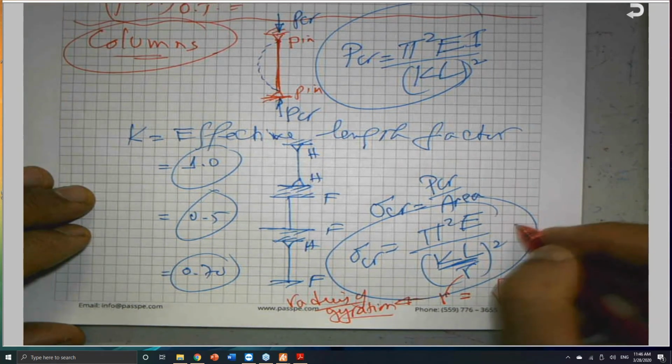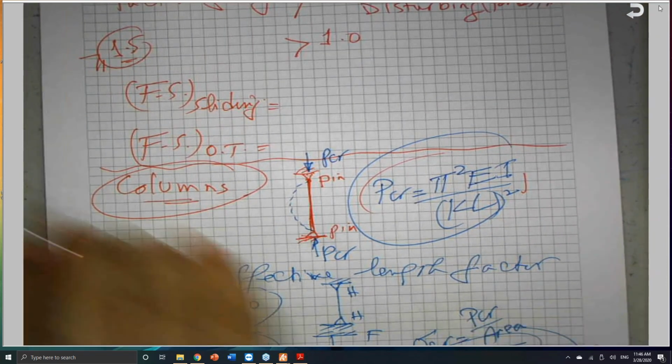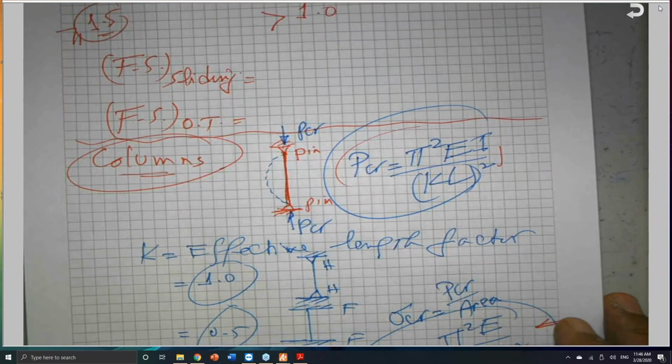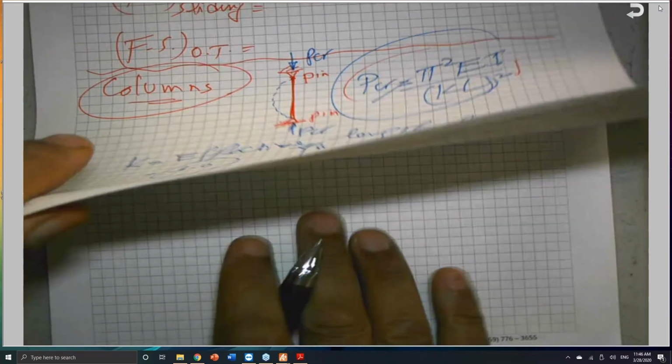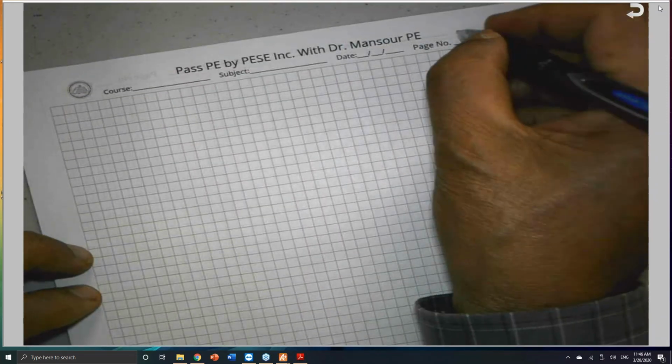These two equations are very important, and you might be asked about them, either to calculate the critical load or the critical stress, or it could be a conceptual question like this.